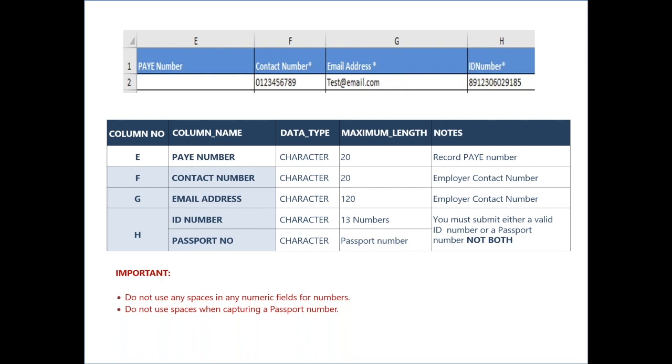Please do not put any spaces when you capture your passport numbers. If you do, it will be rejected by the system. So that is our fields for pay as you earn. Contact number and email address would be the contact number and email address of the employer.